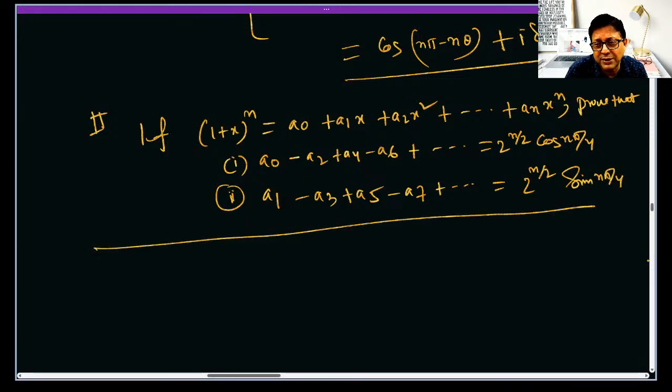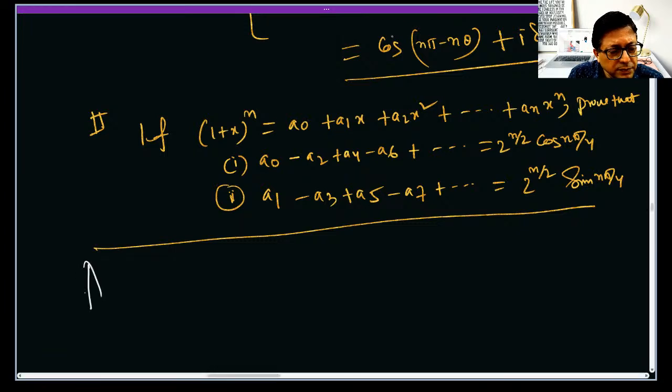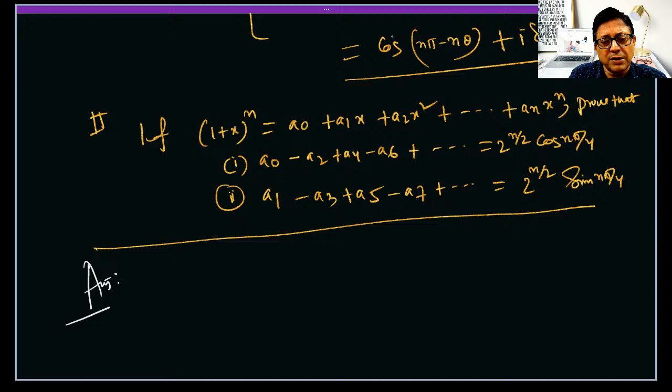It's a huge identity, no? It's an identity in trigonometry, but we'll do it with the help of complex numbers. See how fast it can be done, how easily it can be done. First time you do it with me, next time you will be able to do it yourself.